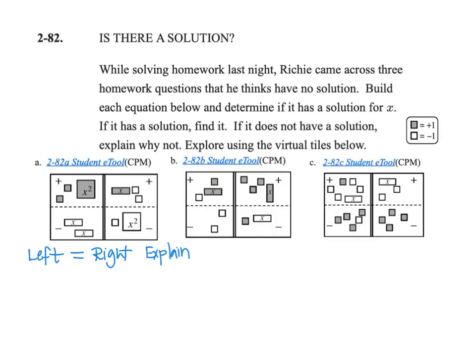Please try 2-82A, B, and C. And after you've written those equations and simplified them to try to find a solution for x, unpause the video and you can see my work on each of the equations. But pause the video now and try 2-82A, B, and C on your own, writing your work on your paper just as we did for the last problem.